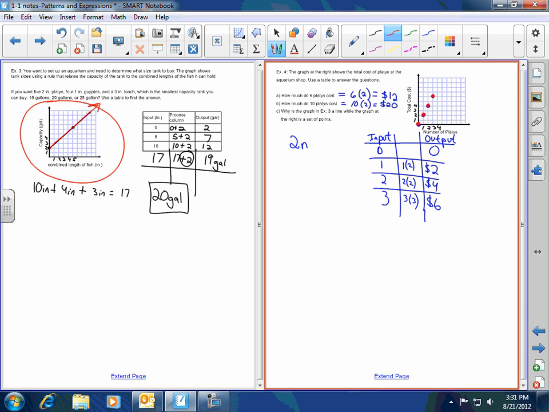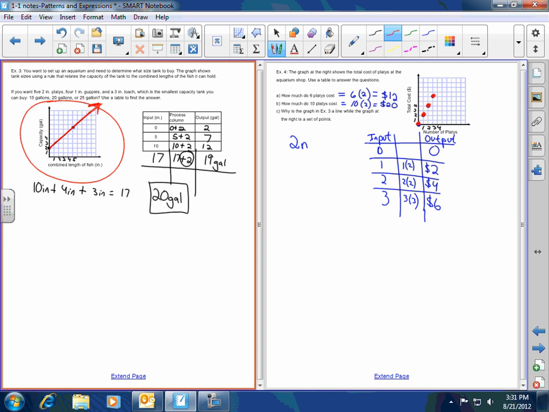So since you can only buy whole number values of plats, you have to have individual ordered pairs or points. You cannot have a continuous line. Now, in example 3 you have a continuous line, absolutely, because a fish can be 3.2 inches, for example. So this is a continuous possibility of values, whereas the number that you purchase has to be whole number values.